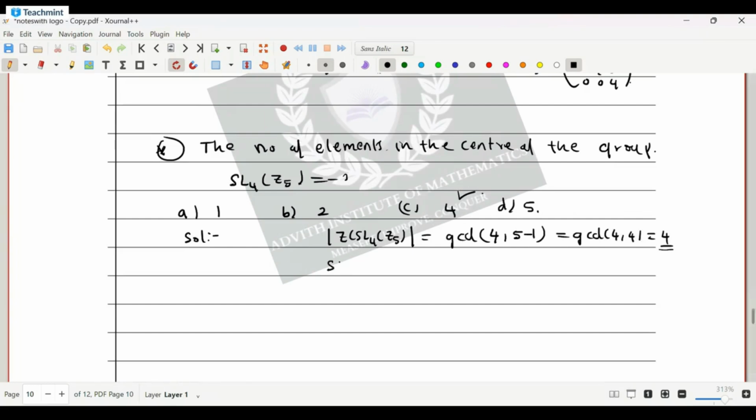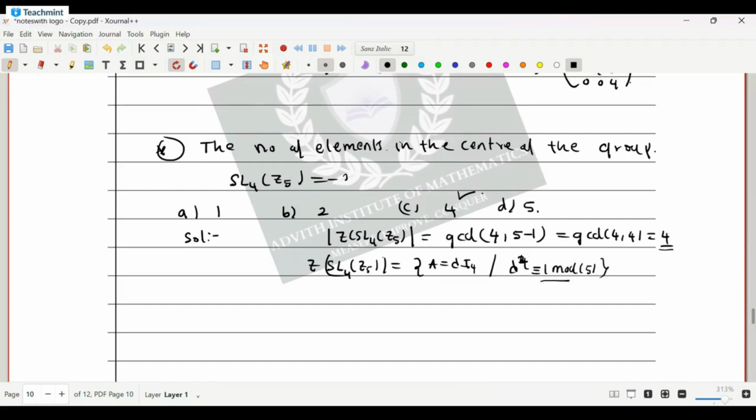What form do the elements in the center of SL4 of Z5 take? All matrices of the form lambda into I4 such that lambda to the power n, that is lambda power 4, is congruent to 1 modulo 5.